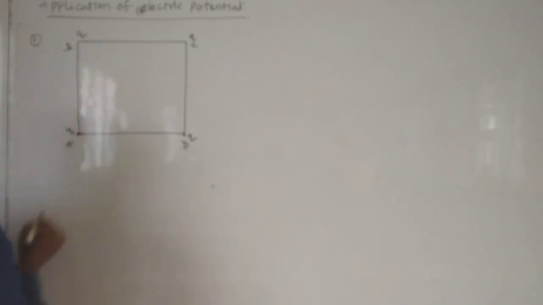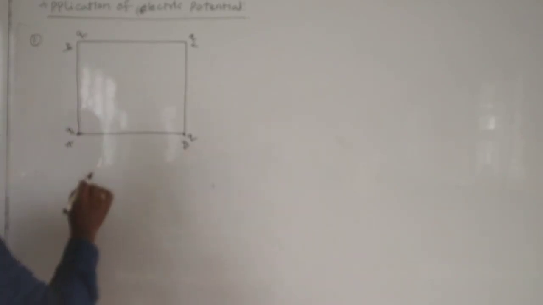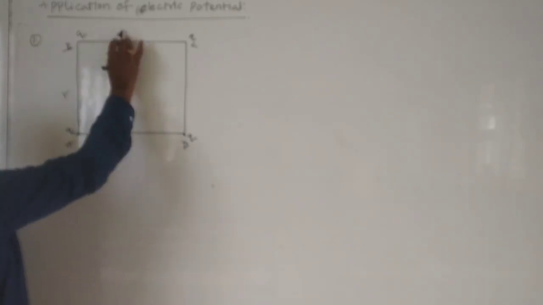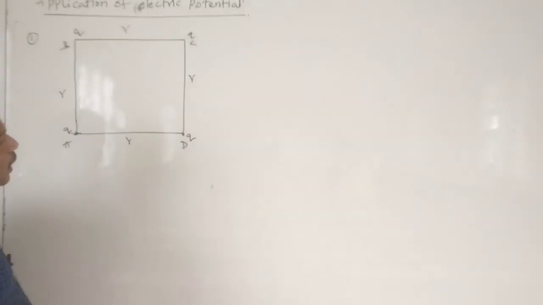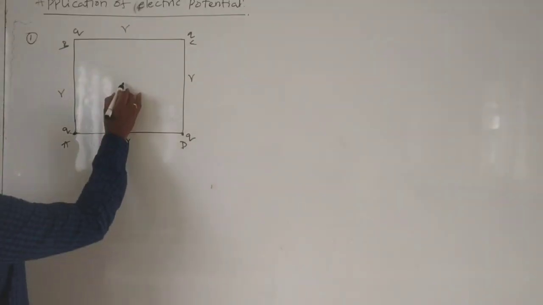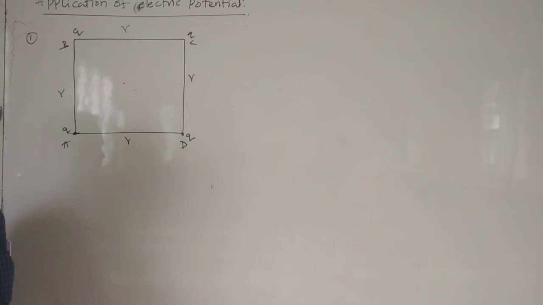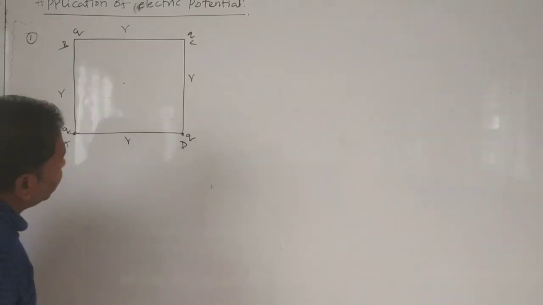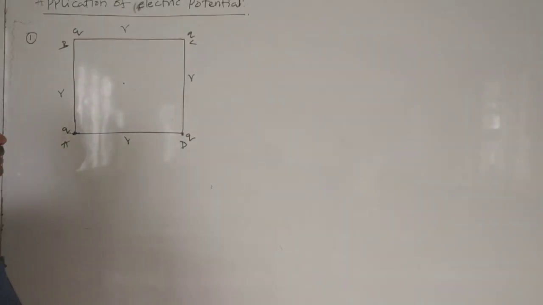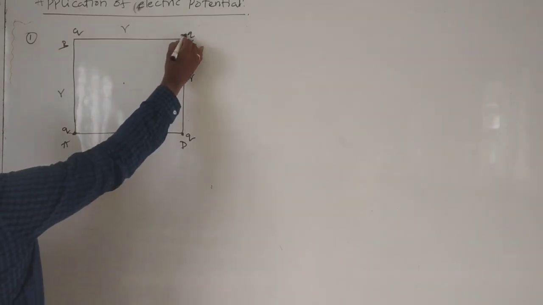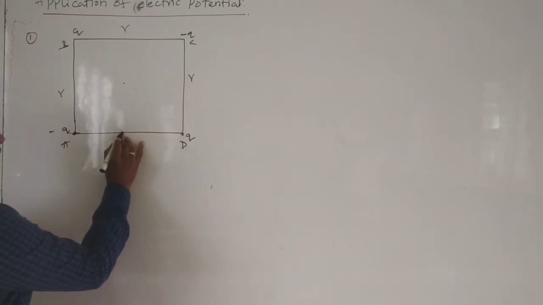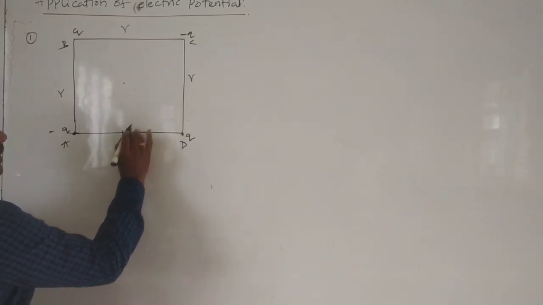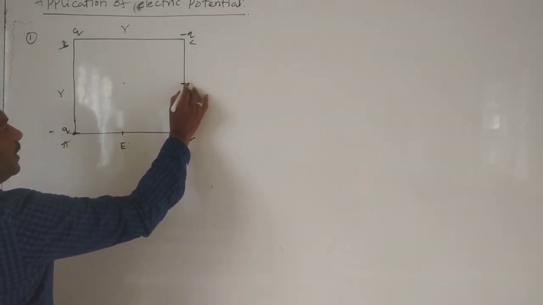So now it has side R. What is the potential at the center of the square? First point. Otherwise you take a minus. What is the work done in bringing a charge from E to F?